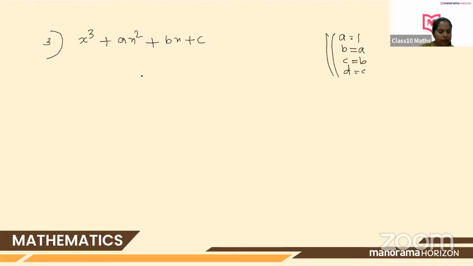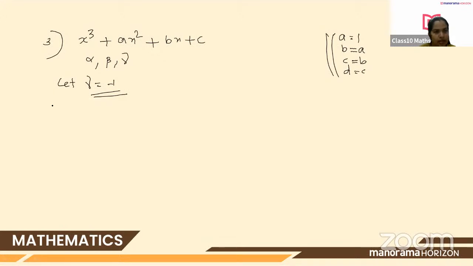Okay, and one of the zeros is minus 1, which is given in the question. So the 3 zeros are alpha, beta, and gamma. Let gamma be equal to minus 1.